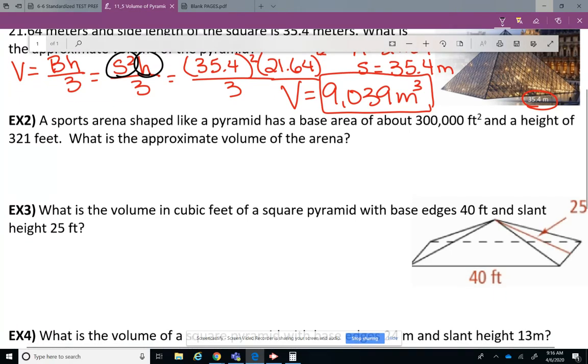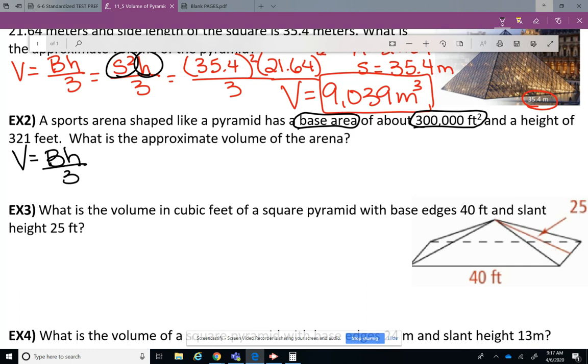All right. A sports arena shaped like a pyramid has the base area of 300,000 square feet. Okay, we don't even have to do the area of the base. They just told us what the area of the base is. So let's go ahead and get this going. Area of the base times height divided by 3. So they already told us that the area of the base is 300,000. All right.